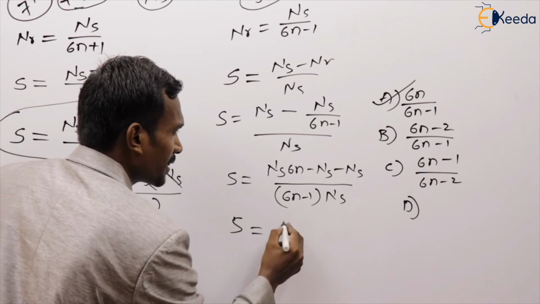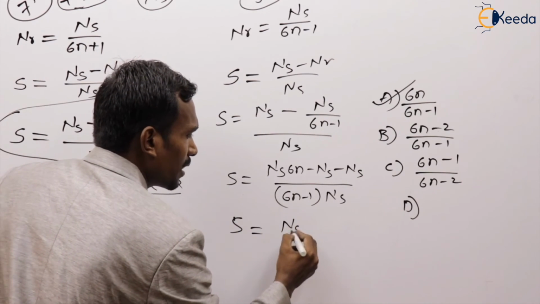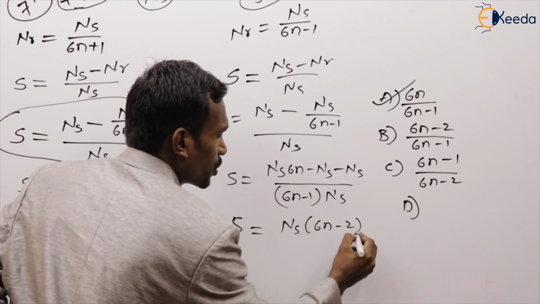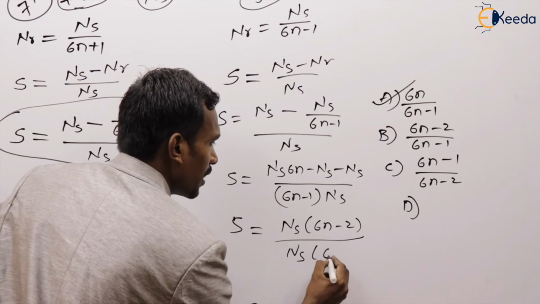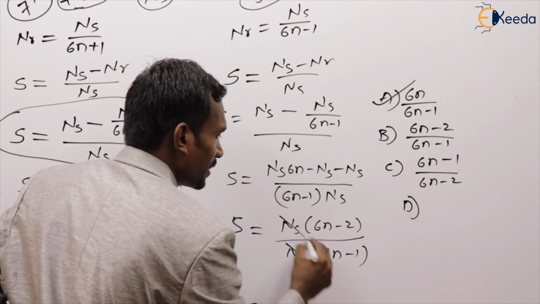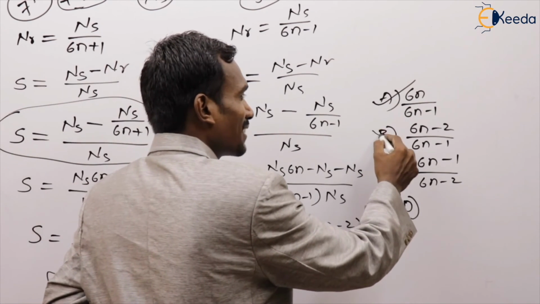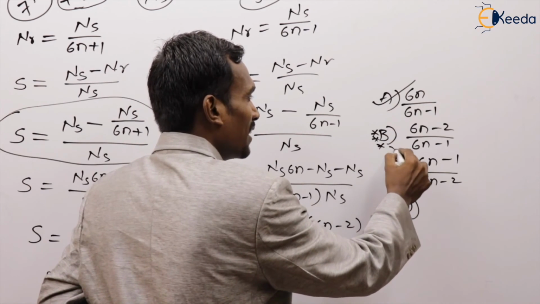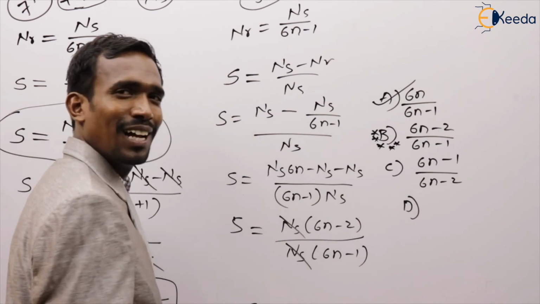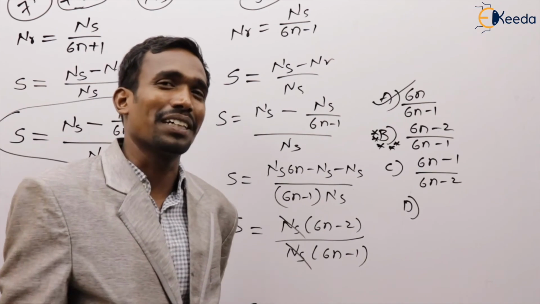Nothing but S is equal to Ns common, (6n minus 2) by Ns common (6n minus 1). Ns gets cancelled. Sir, my answer is (6n minus 2) by (6n minus 1).